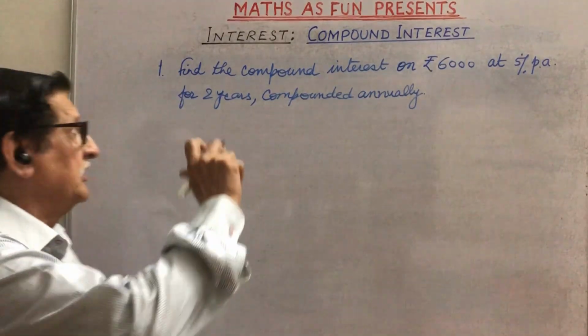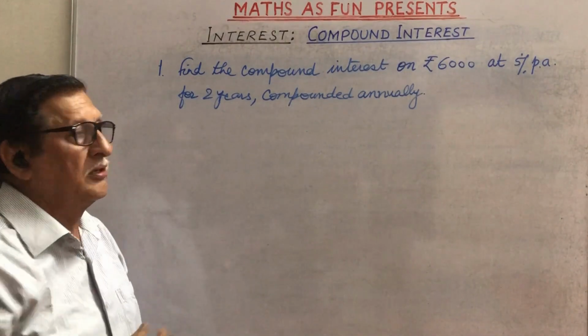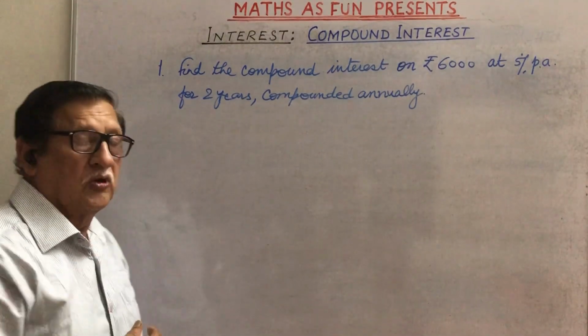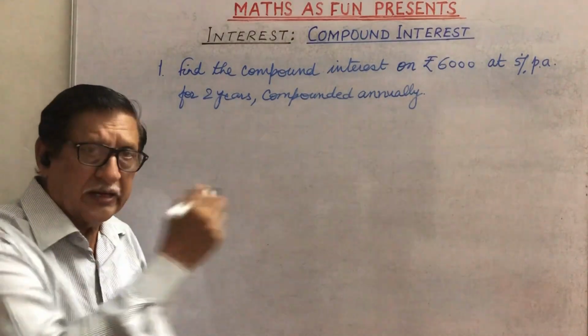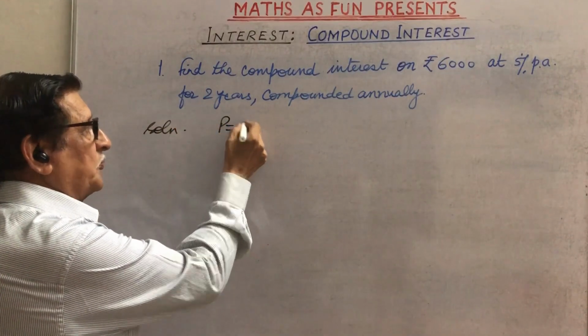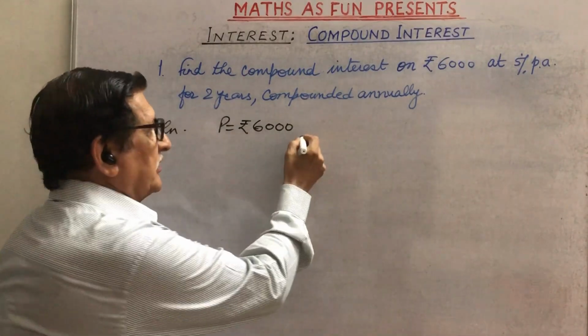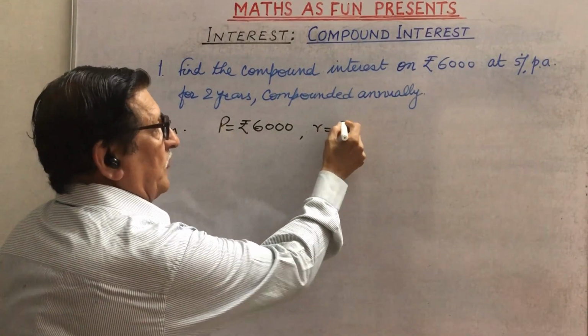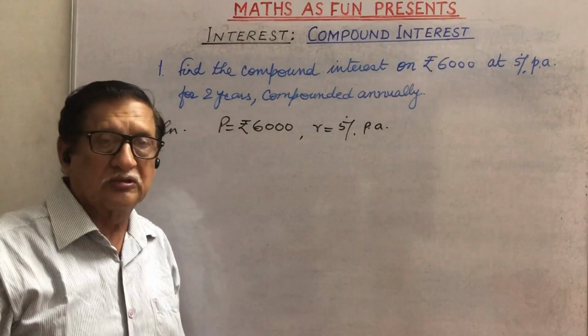And here the first one is, find the compound interest on rupees 6,000 at 5% per annum for 2 years compounded annually. Looking at the problem, we find that the principal here is rupees 6,000. The rate of interest has been given as 5% per annum, and it is compounded annually.